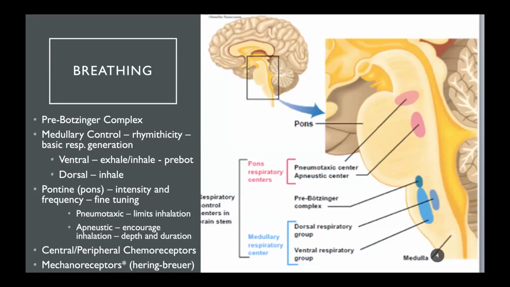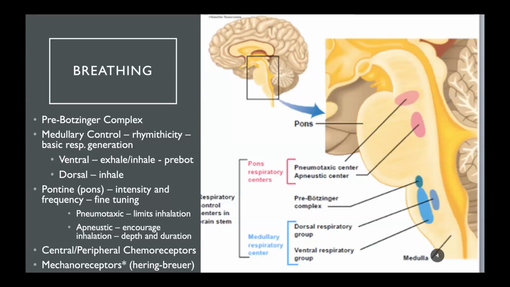So then we look at medullary control. And note here too that all of these are going to fine-tune inspiratory and expiratory phases, but some are a little more involved than others, okay? So Pre-Bötzinger's rhythmicity and the inspiratory cycle starting that system. Medullary control, we're looking at rhythmicity.